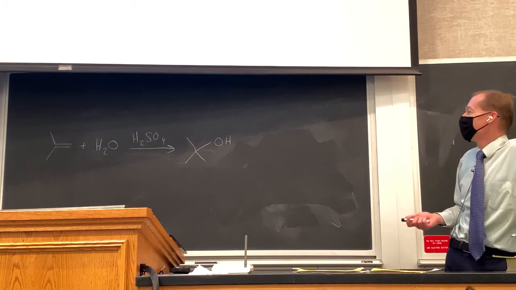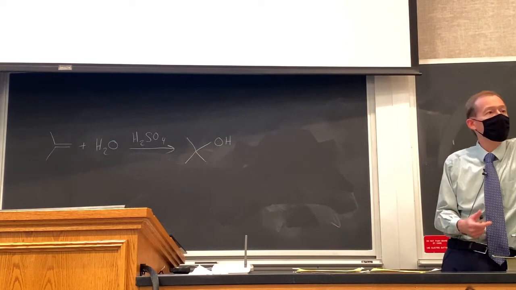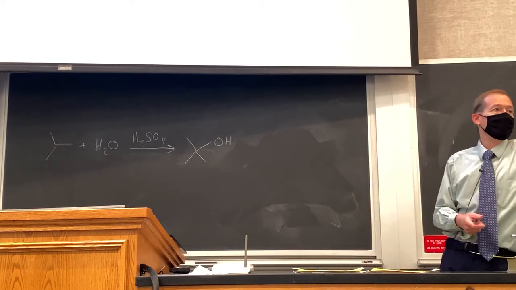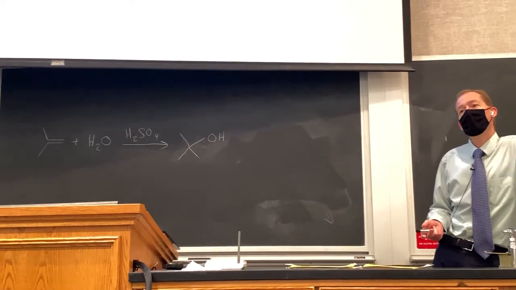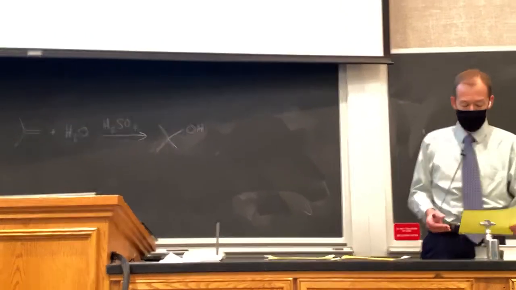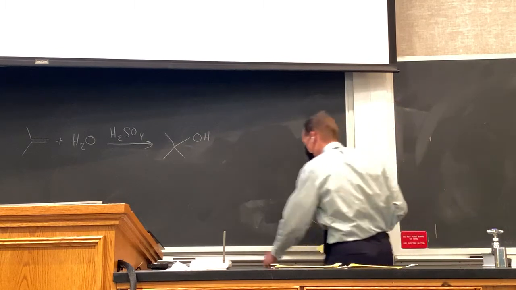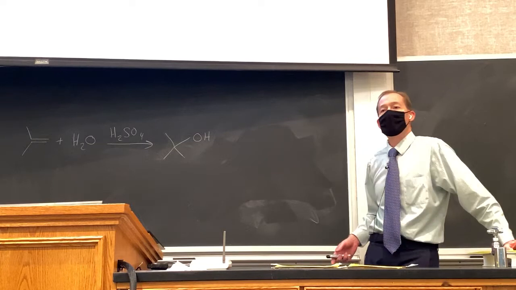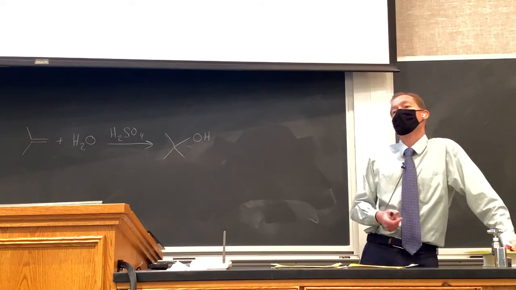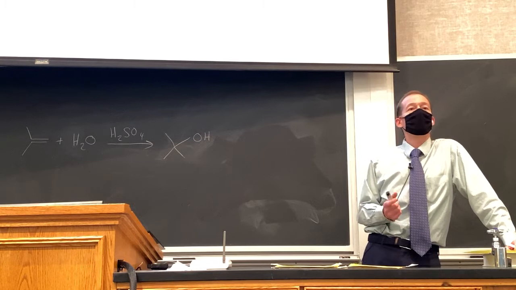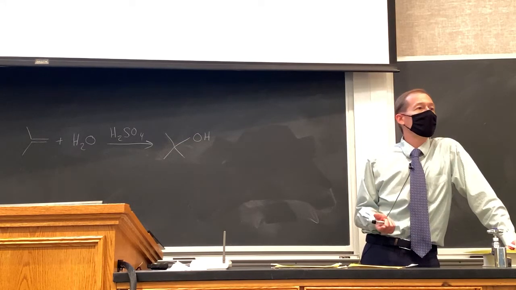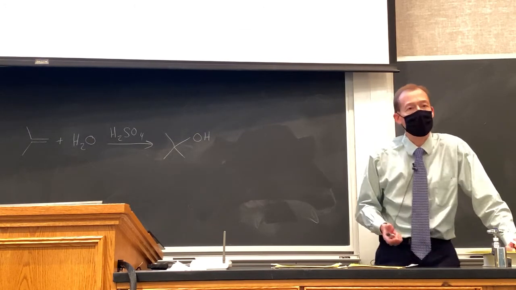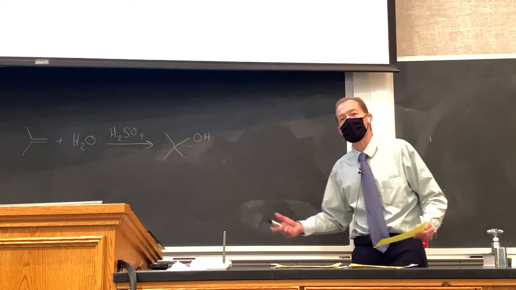And then because we have a carbocation intermediate, what do we need to be on the lookout for? Rearrangements. Rearrangements can occur in hydration reactions in the same way that they can occur in hydrohalogenations. So if you remember way back to chapter 9, we learned that if you treat an alcohol with sulfuric acid, you perform a dehydration reaction and you obtain an alkene as the product.